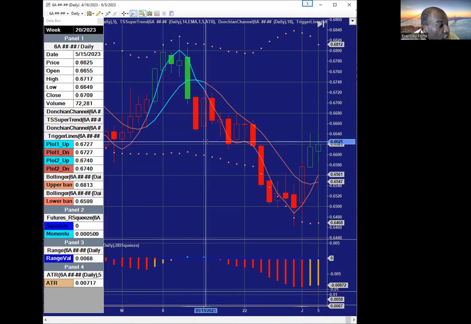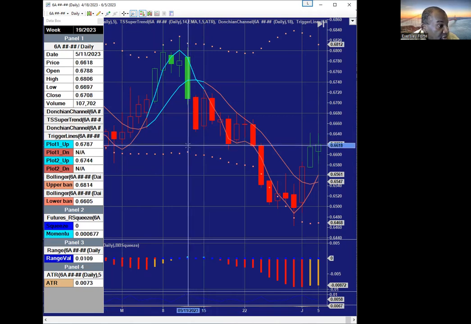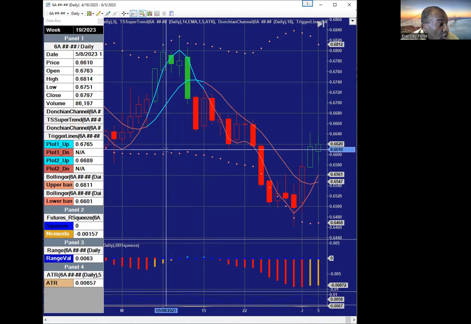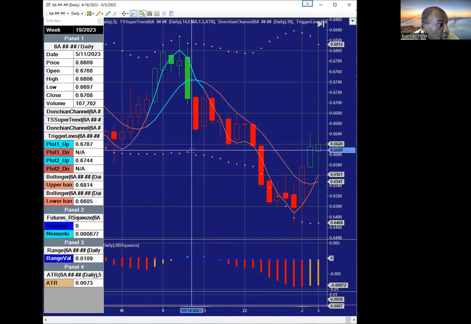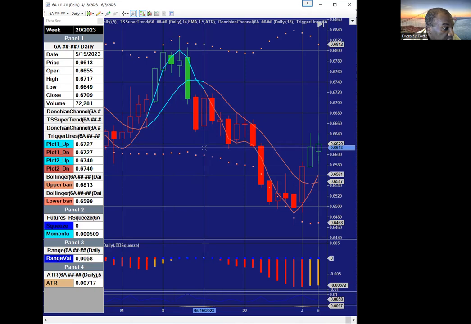When you see all four numbers filled in, that is a day the two lines are crossing. The previous days were not crosses, so all four numbers are not filled in. But on a day it crossed, you'll see all four numbers filled in. That's a quick visual reference. Sometimes it's too tiny, so you can't really tell which day is a crossover day, so you have to look at the numbers sometimes.